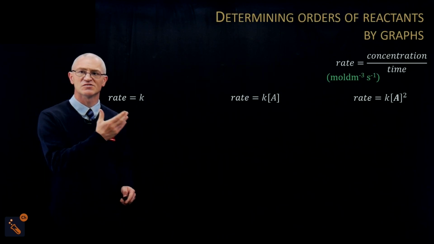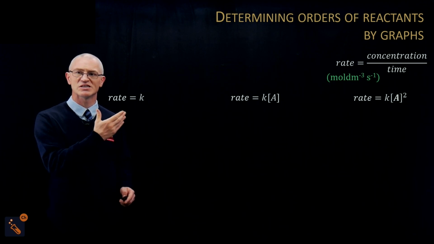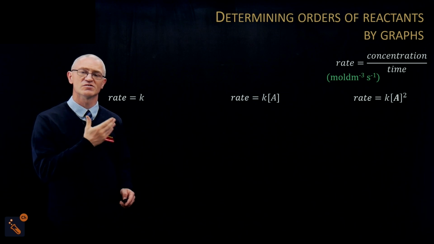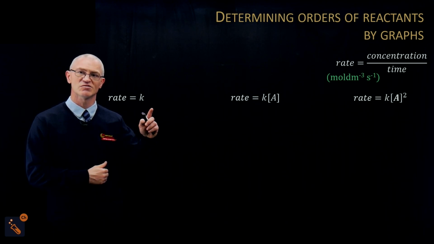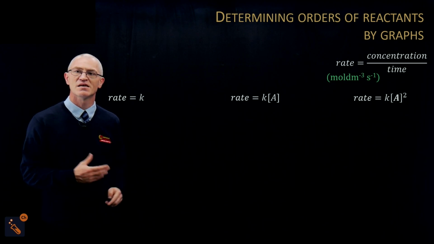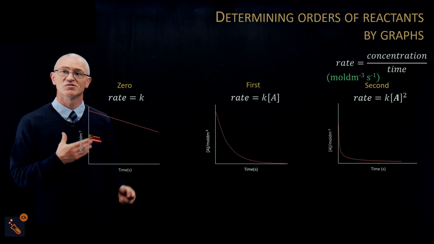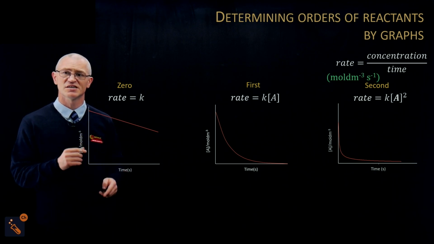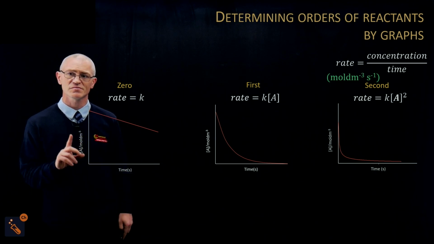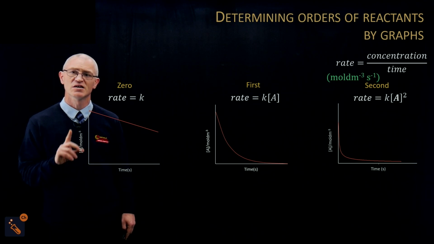So let's have a look at these rate equations. We're going to consider each one of these types of reactants, whether it be a 0 or a first or a second, and they produce these rate equations if we're considering just A. From there, we can do 3 types of graph, and we can see that these are time concentration graphs.